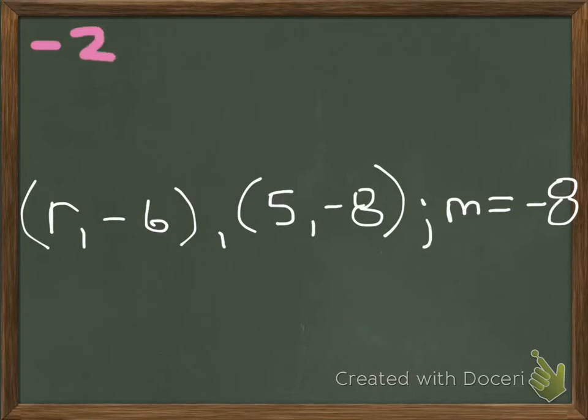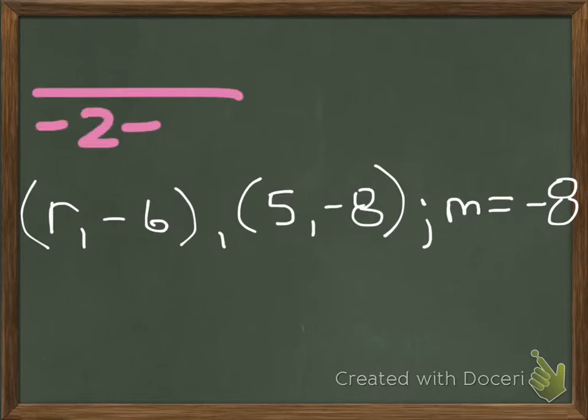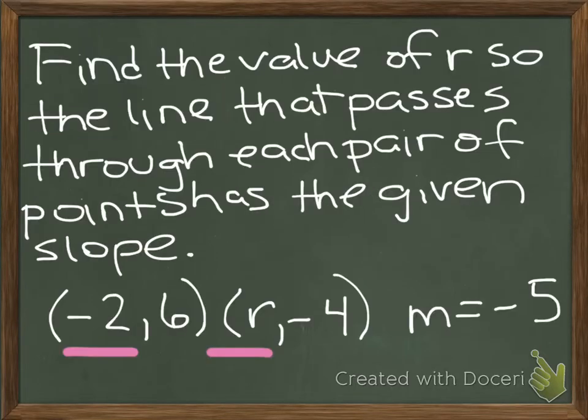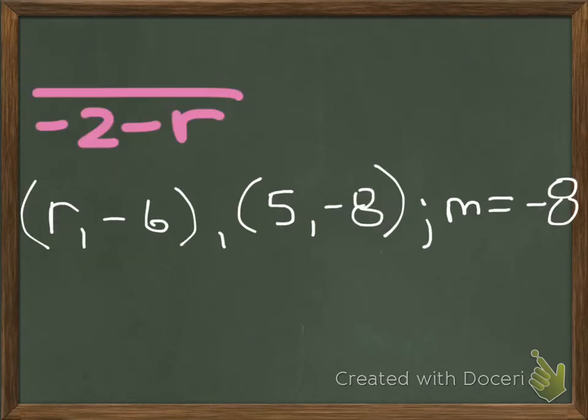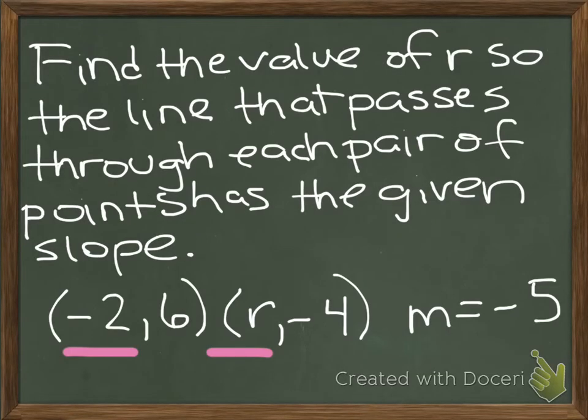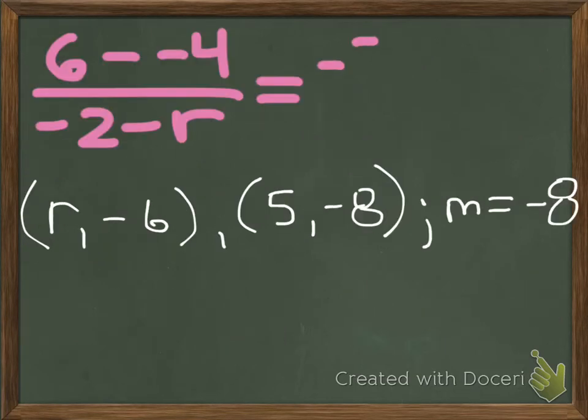So -2 minus r. And then I'm going to subtract my y's, 6 minus -4. I'm going to be putting it equal to the slope. The slope was m equals -5, so that is -5 over 1.